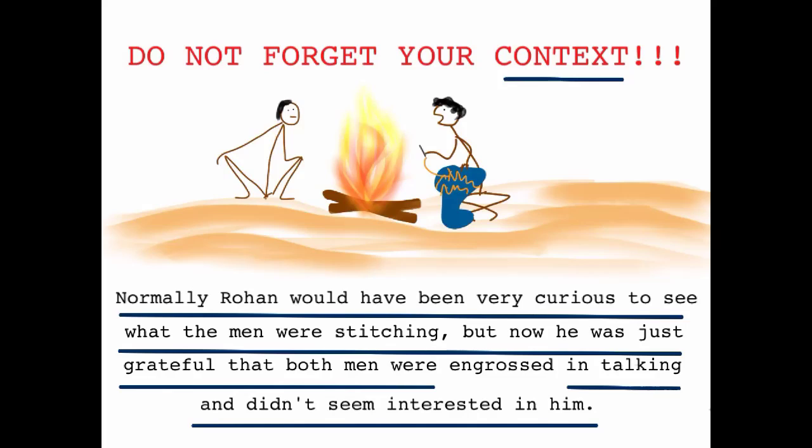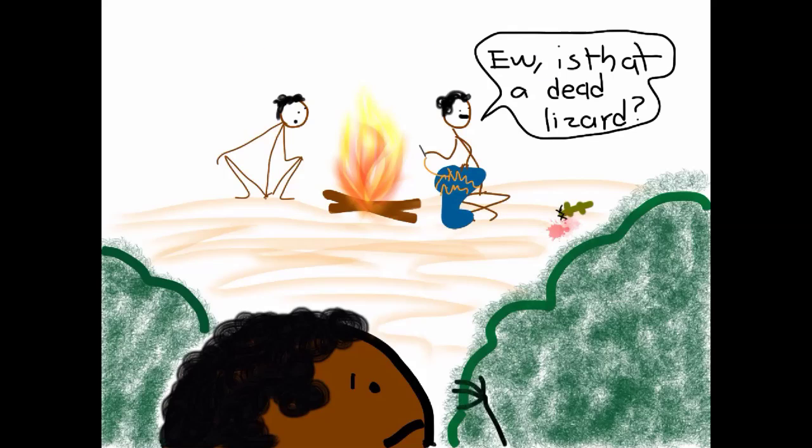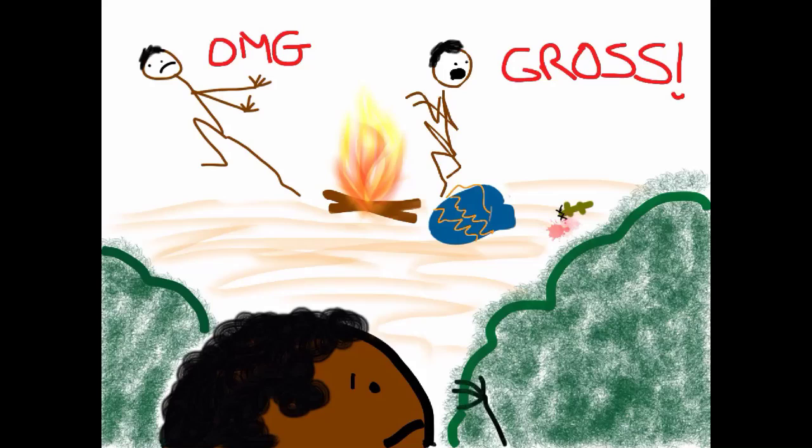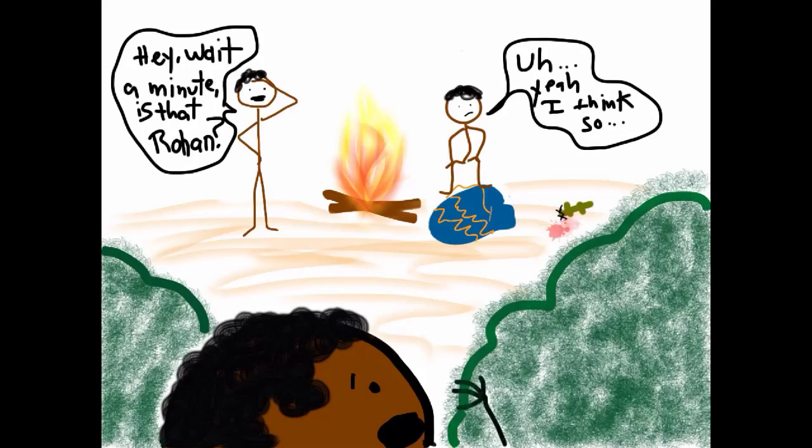Would the meanings of those words make sense in this context? Let's go back to our word engrossed. You've probably heard the word gross before, but would that word make sense here? No, because if the men were grossed out while they were talking, they'd probably be freaking out and stopping what they were doing and would notice somebody else listening to them for sure.